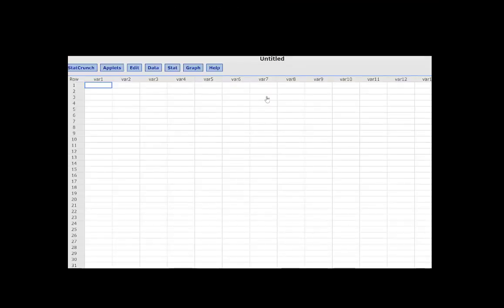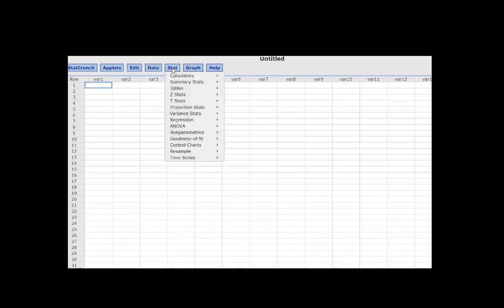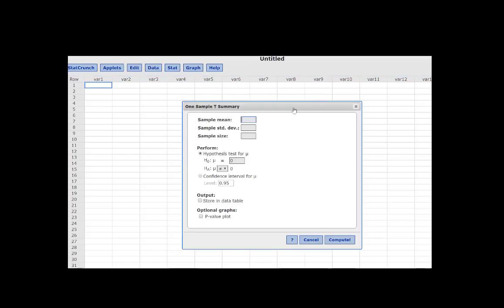So let's go to StatCrunch, and what I'm going to do is I'm going to go to Stat. I'm going to go to T-Statistics, one sample with summary. And we want to do a confidence interval. So I'm going to click that. And the problem says to do a 95% confidence interval, which we already have. And we're going to put in our sample mean.